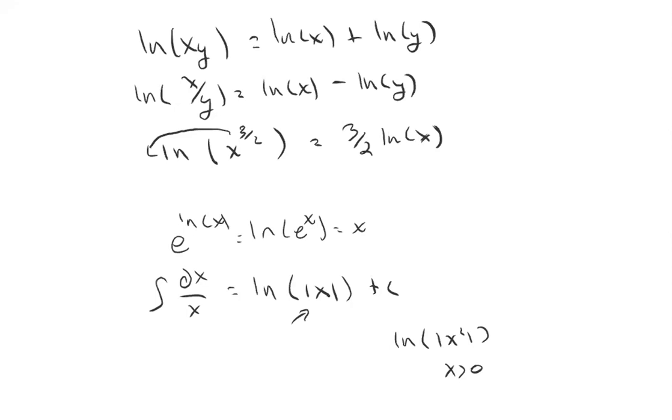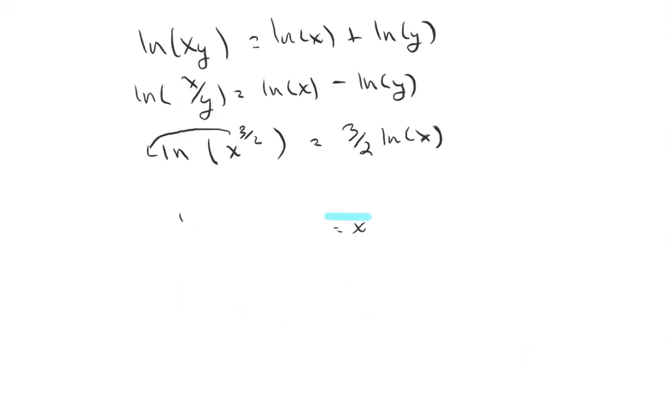But you have to justify why you're dropping those absolute values. Okay? And since e is its own derivative, it's its own integral as well. Now that can be a little more complicated, but in its base form, this is just e to the x plus c.